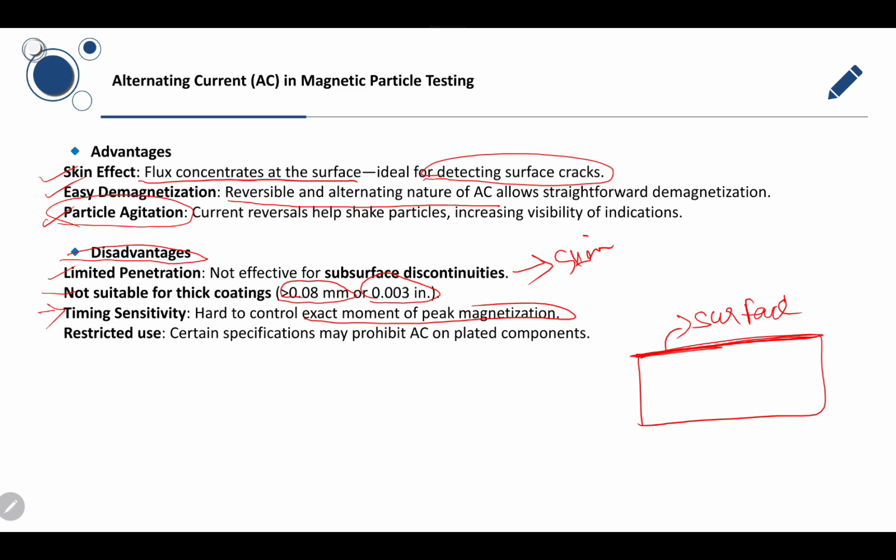This might be important for certain automated processes or specific procedures. Next one is restricted use. Some specifications may prohibit the use of AC on plated components. Always check your applicable standards.